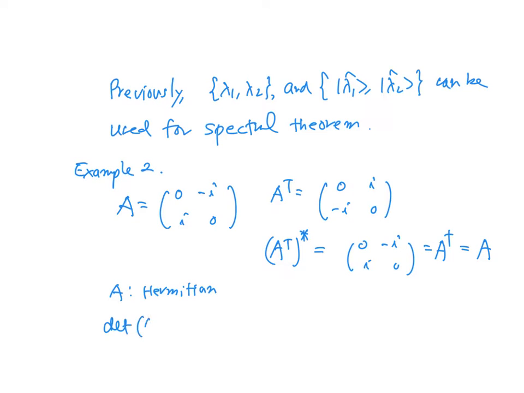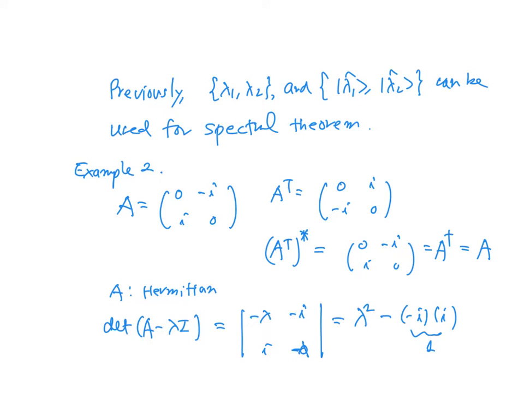The determinant of A minus lambda I is minus lambda times minus lambda minus i squared. So this is lambda squared minus i squared, and i squared is, so this is actually 1. So lambda squared minus 1 is equal to 0.